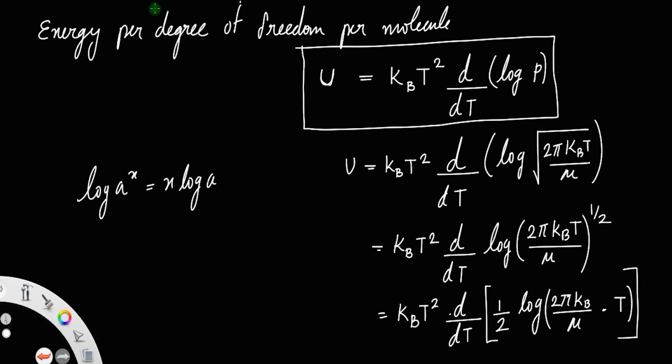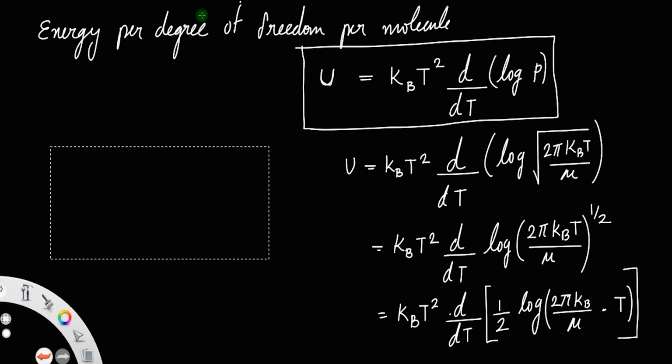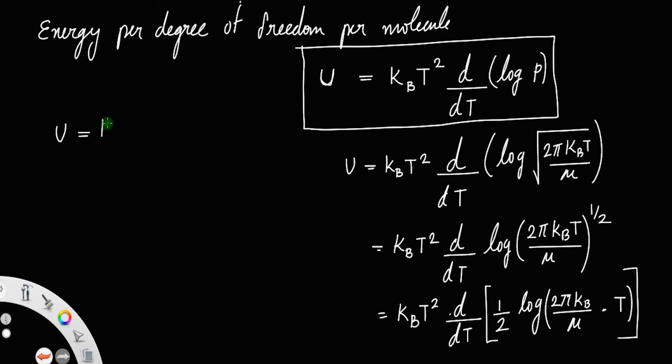Clear? So the energy associated with a degree of freedom per molecule U is equal to kB T square. This 1 by 2 you can take out, 1 by 2 into log x. Let's say this as x and this as y.